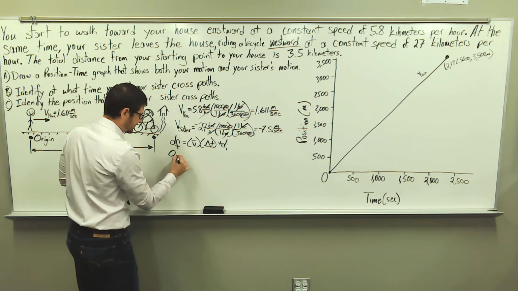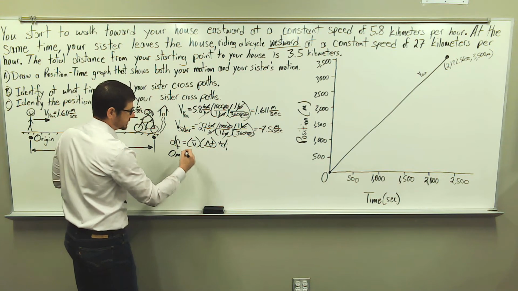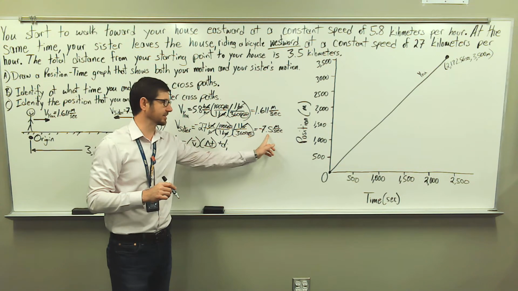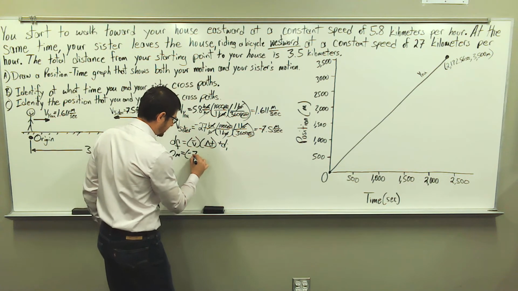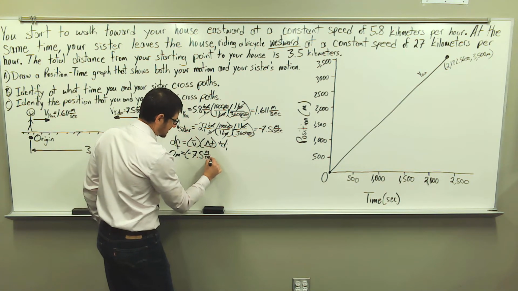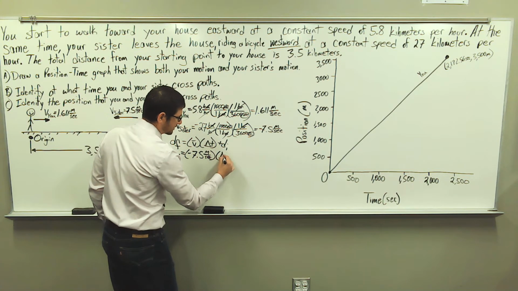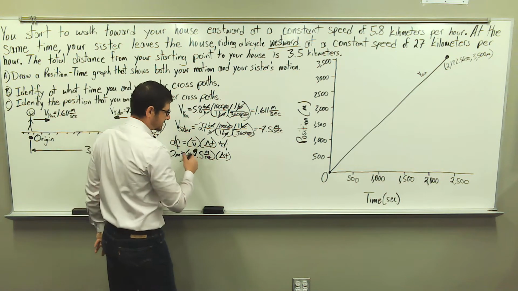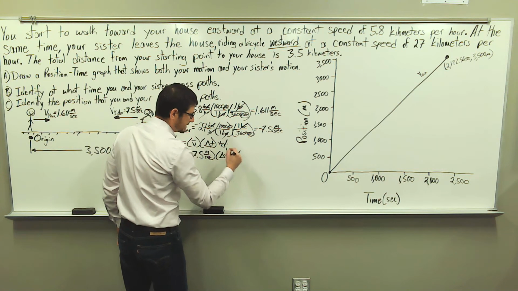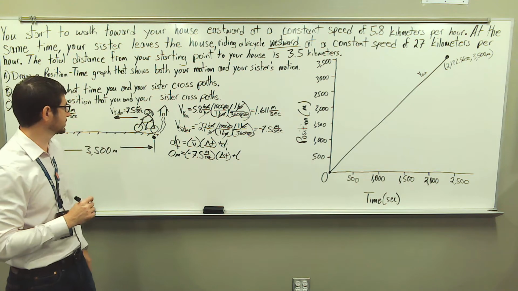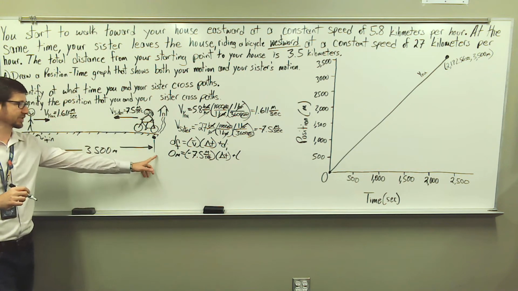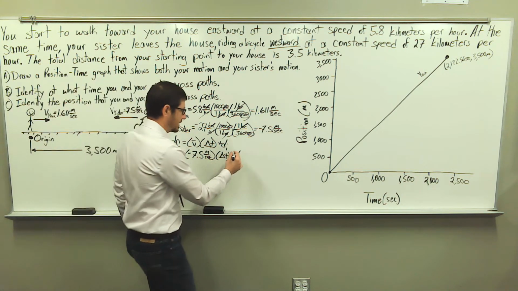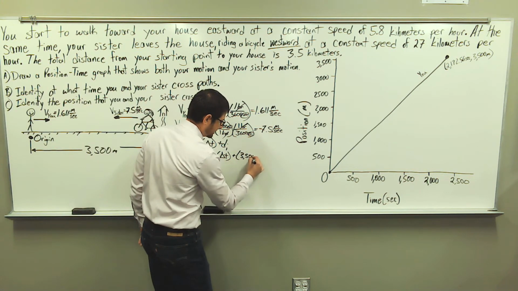So 0 meters is equal to her average velocity. Her average velocity is negative 7.5 meters per second, multiplied by the time interval, the time it takes for her to travel the 3,500 meters, plus her initial position with respect to the origin. Well, look at this. She's 3,500 meters away from the origin. So, plus 3,500 meters.